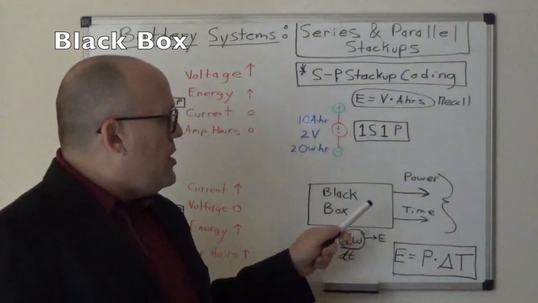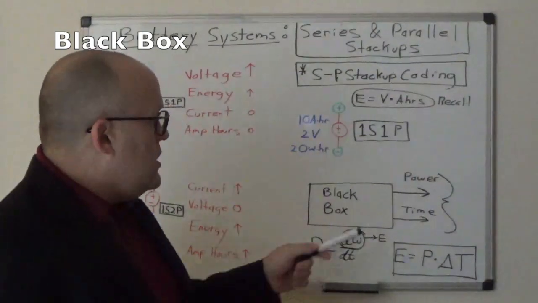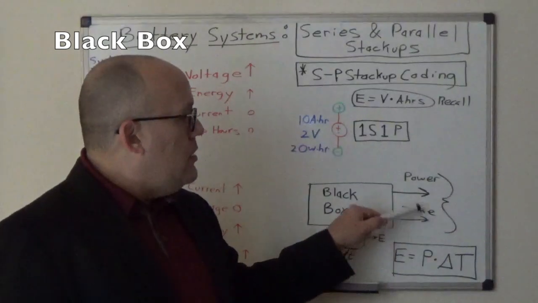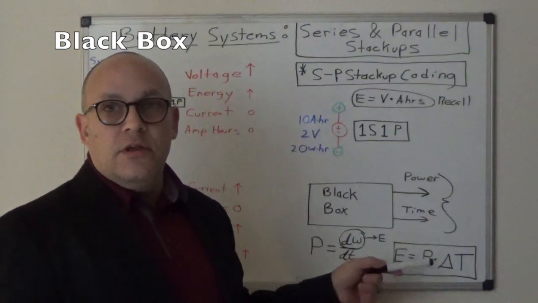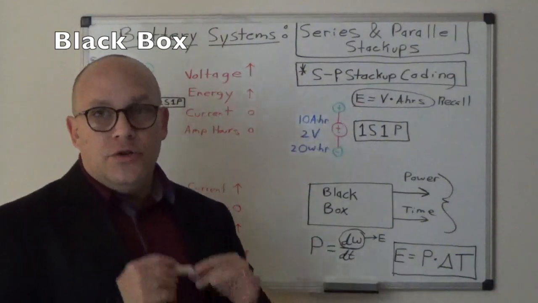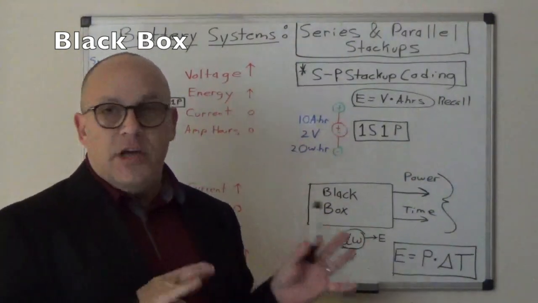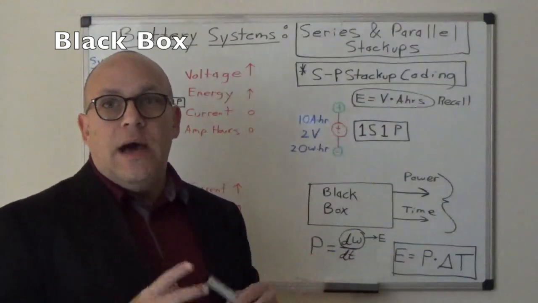You can review these physics equations in your high school physics book, perhaps. But anyway, on the black box for series parallel stack-ups, you need to know your power and you need to know time. And these two, power and time, always give you energy if you do the calculations correctly. So remember the black box perspective on your system. Forget about the batteries, forget about the voltage, forget about the current, and say, how much energy do I need?